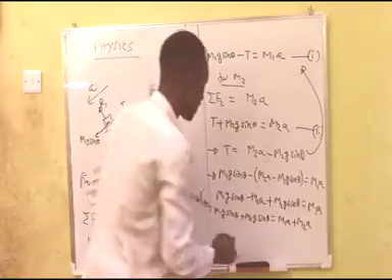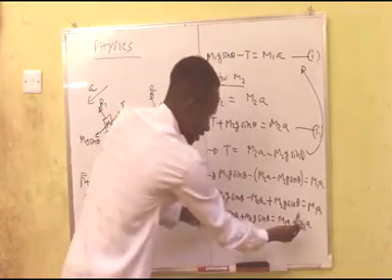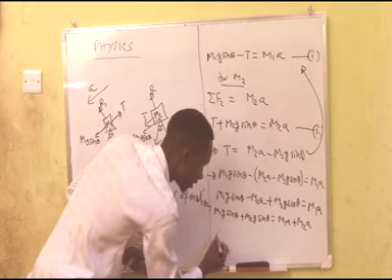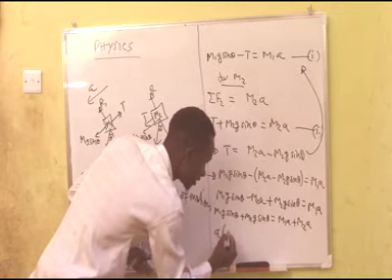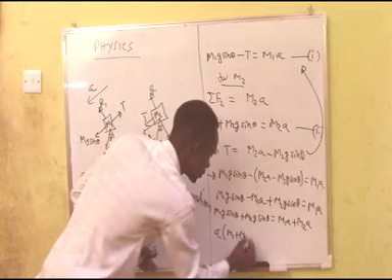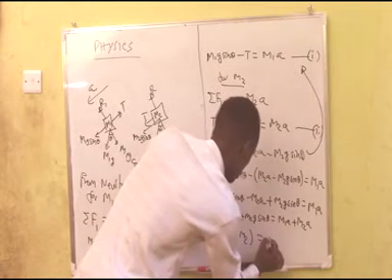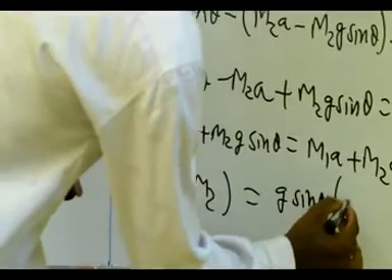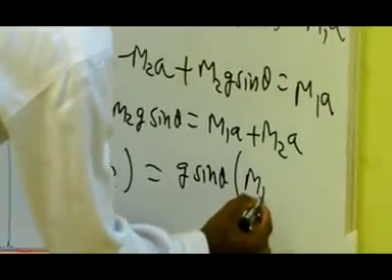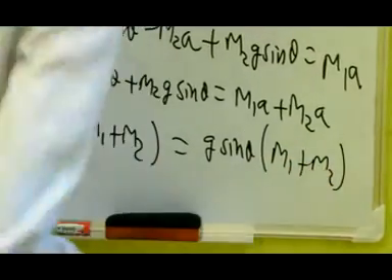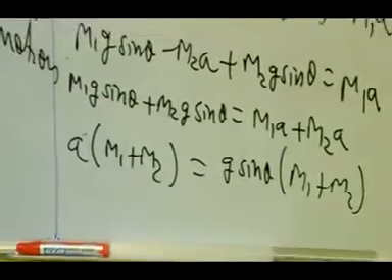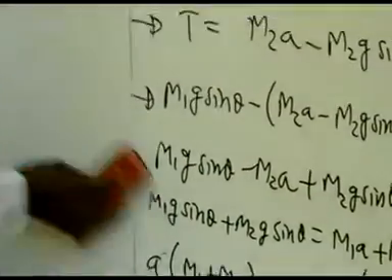Making a the subject, this equation becomes a in bracket m1 plus m2 equals g sine of theta in bracket m1 plus m2.